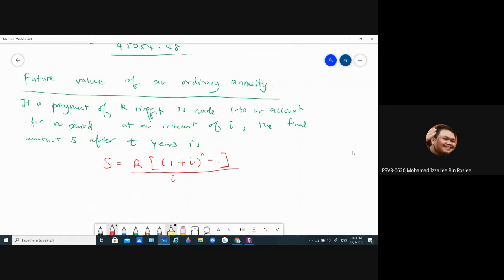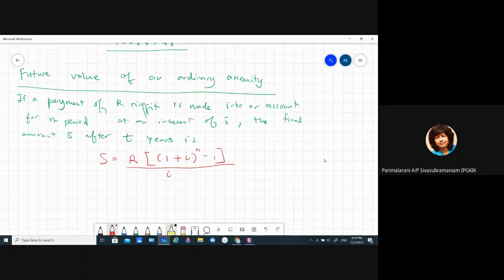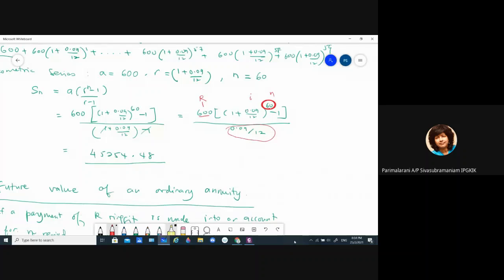What is the denominator for this formula? I is at the bottom. These two, this is I, isn't it?